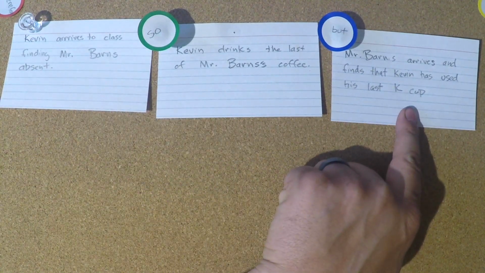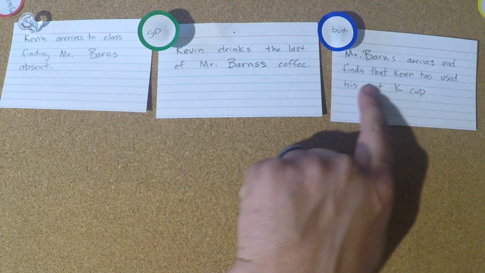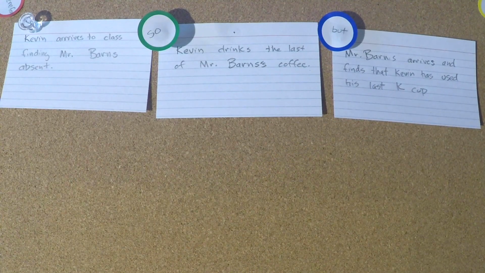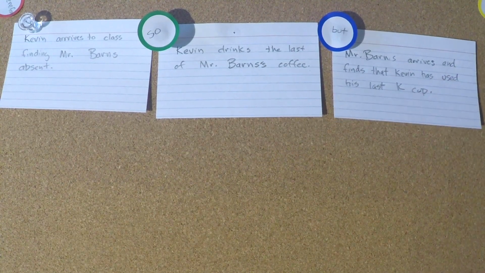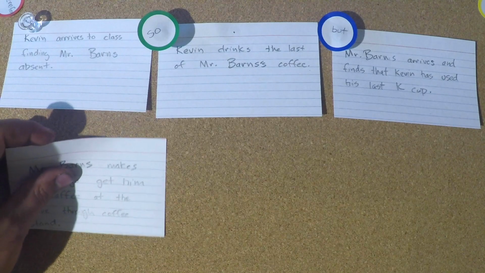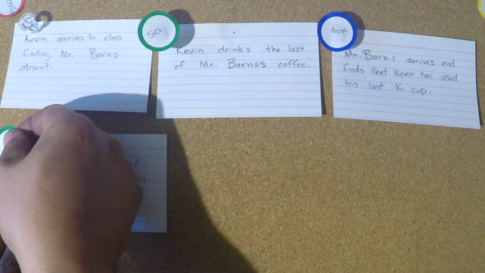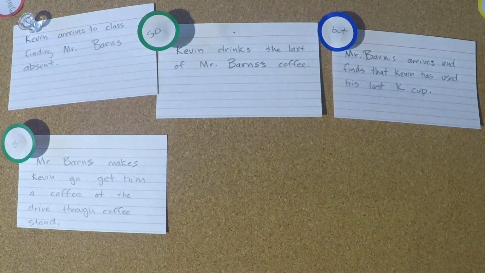Mr. Barnes arrives and finds out that he's used the last K-cup. Uh-oh. This next one is a so. We made this one already earlier. So Mr. Barnes makes Kevin go get him a coffee at the drive-through coffee stand.